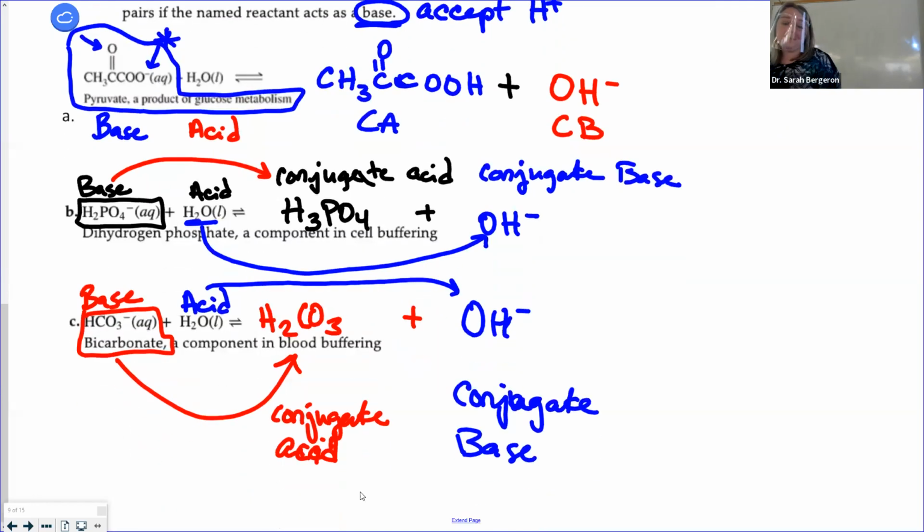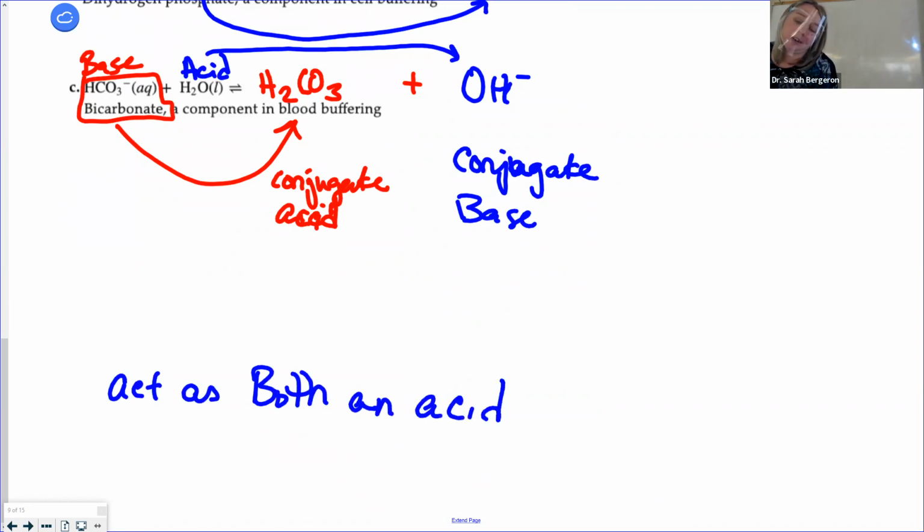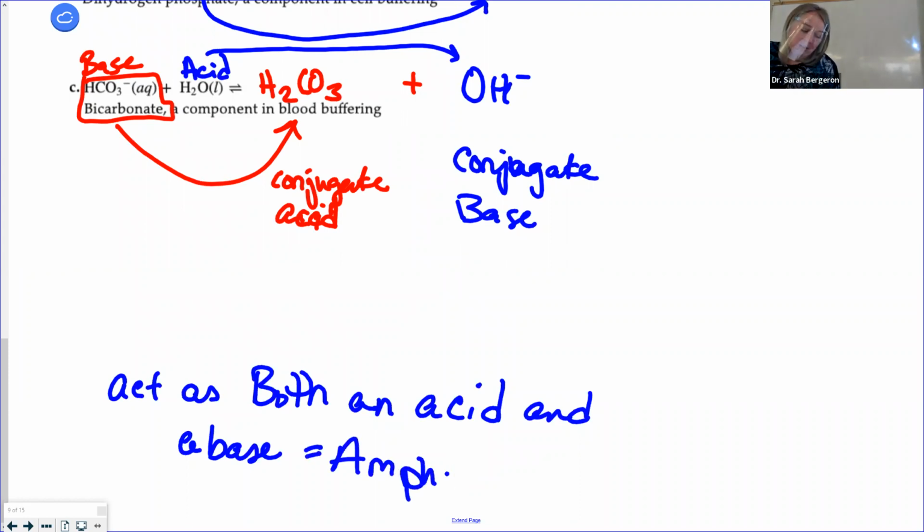So there are substances that can act as both an acid and a base. Wow, that's kind of cool, right? We call those molecules amphoteric.